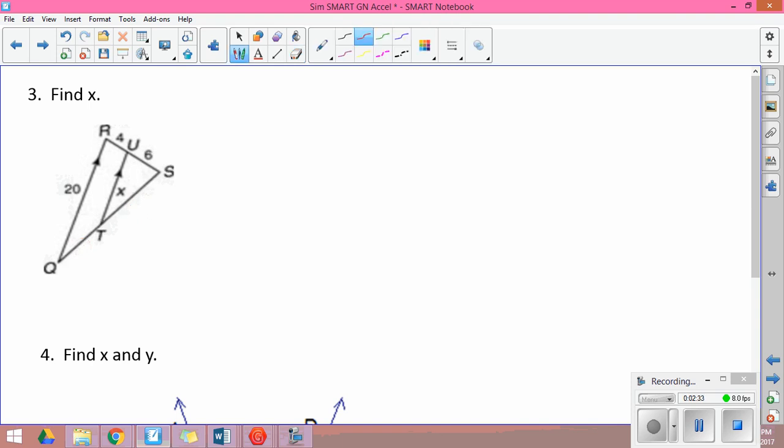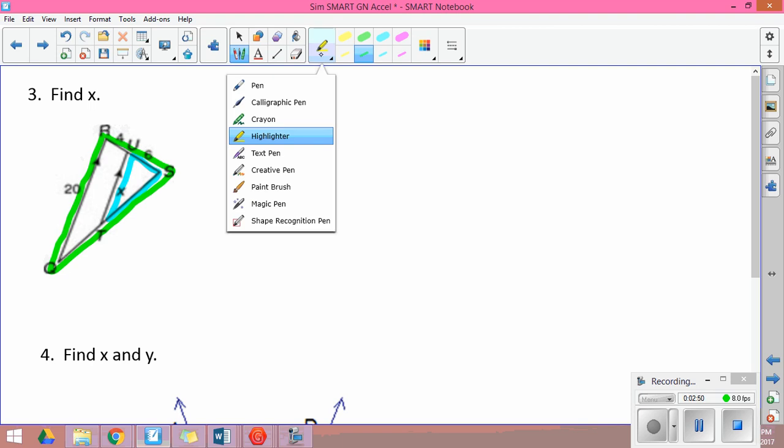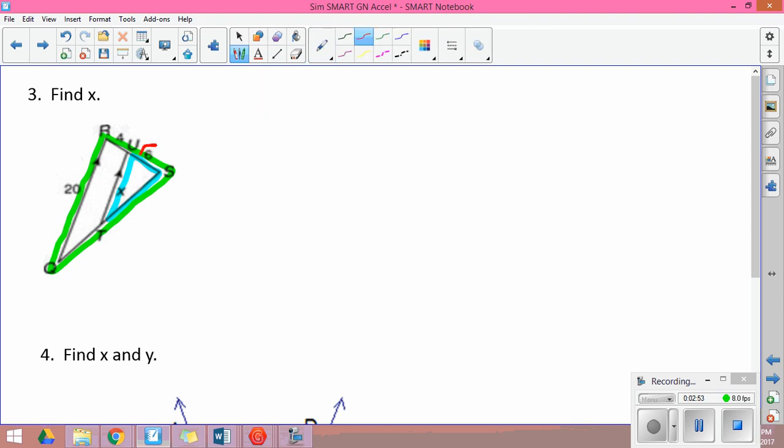What we have to look at instead in this example are those overlapping triangles because x and 20 represent the bases of those two similar overlapping triangles. So when I go to write my proportion, I'm going to compare 6 and 10 to the entire side, which is 10 and 20, to be sure that I'm making a fair comparison.